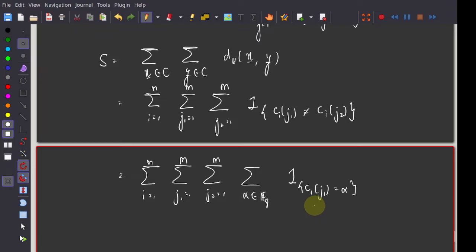So for the j1th code word, the ith coordinate is equal to alpha, and for the j2th code word, the ith coordinate is not equal to alpha.